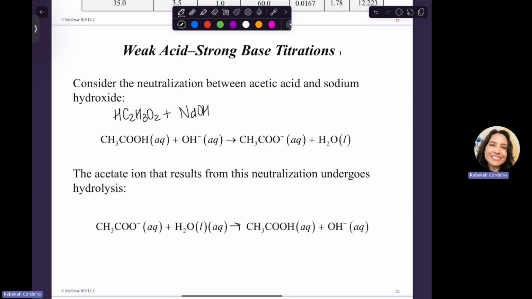We're doing net ionic here, but let me just show you without the net ionic, just showing you the other way we could write acetate. So this would not be neutral because this acetate ion is a conjugate base. So now we would have a basic salt at neutralization.